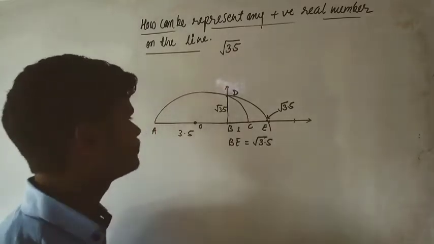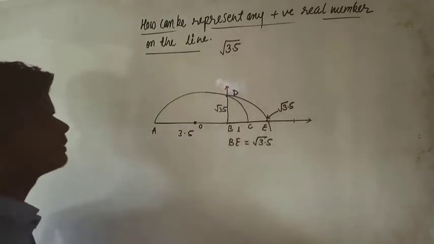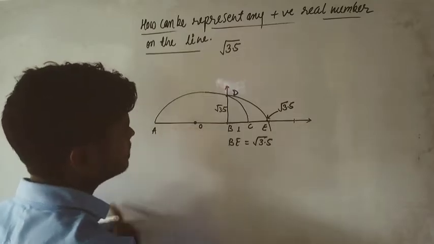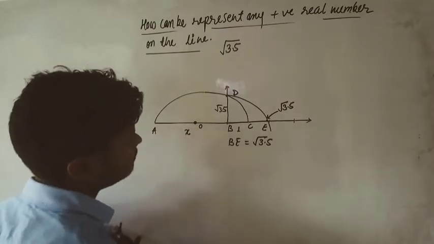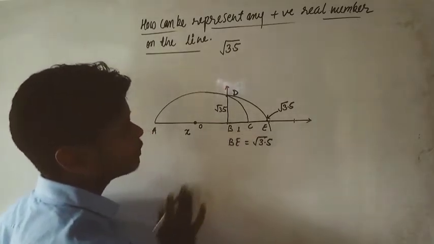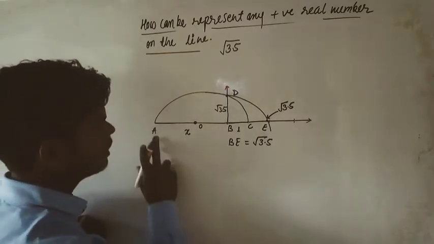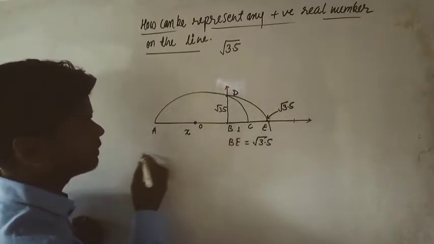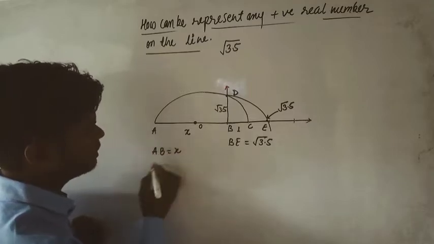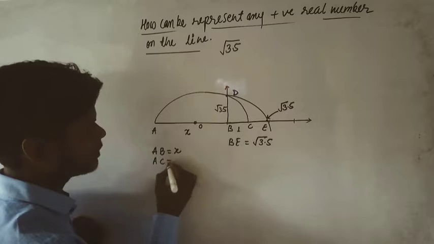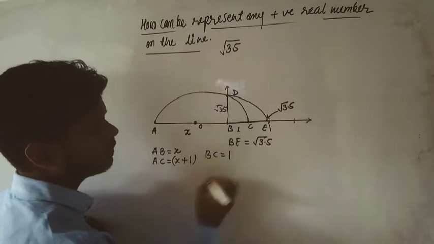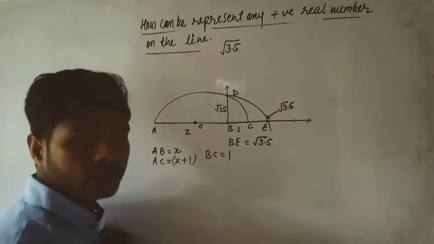Dear students, let us take the distance 3.5 as x. The distance BC is equal to 1 unit. Now the distance AB is equal to x units, AC is equal to x plus 1 units, and BC is equal to 1 unit. It is clear here.